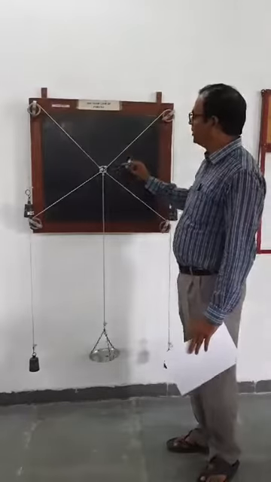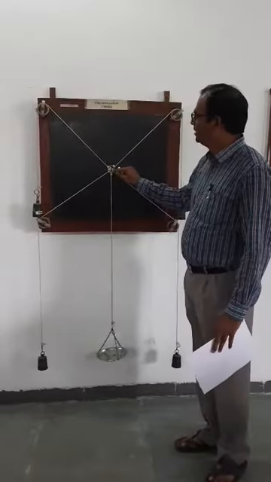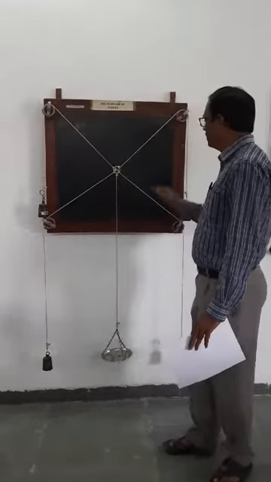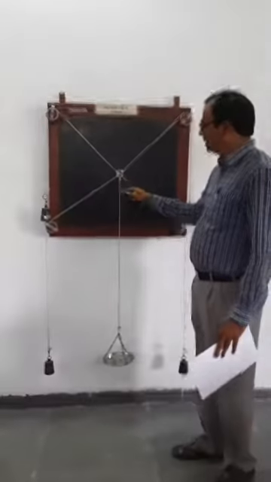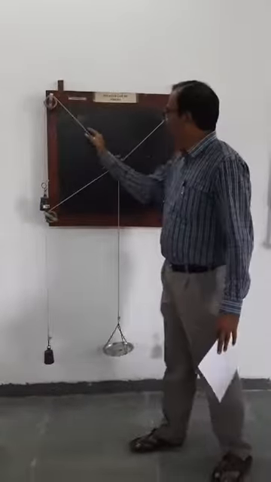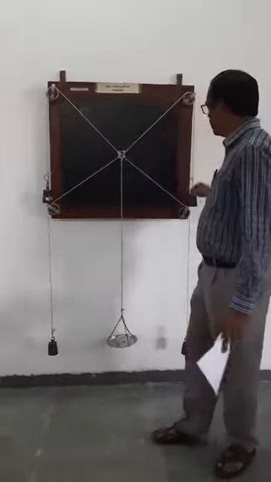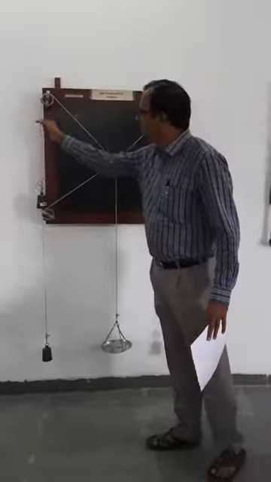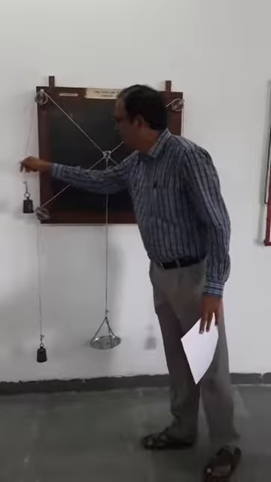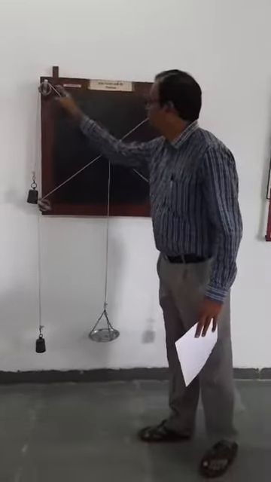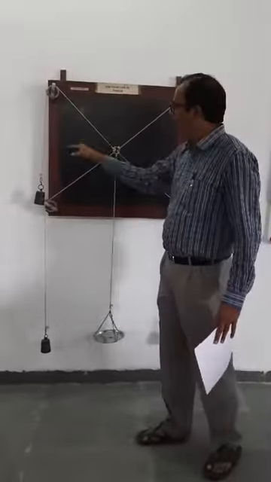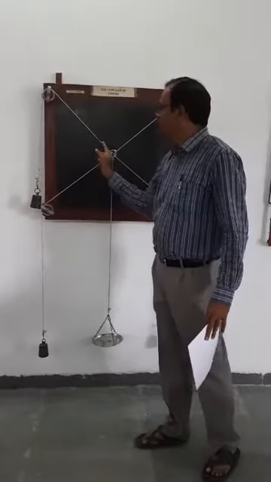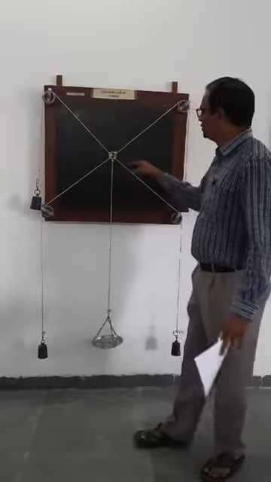Here you can observe there is one ring at the center and 5 strings attached to this ring. At every string there is a pulley at the corner, that is a frictionless pulley. Whatever weight is suspended over this pulley is directly transferred through the string, so the weight attached to the string is nothing but the tension in that string.